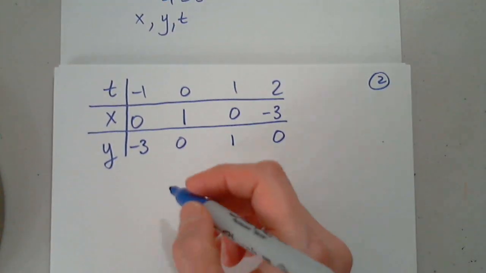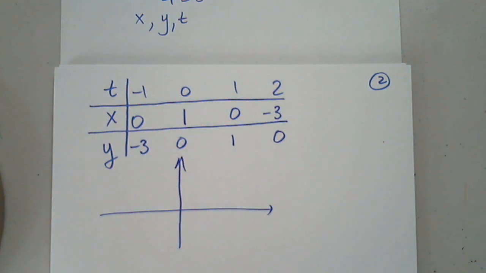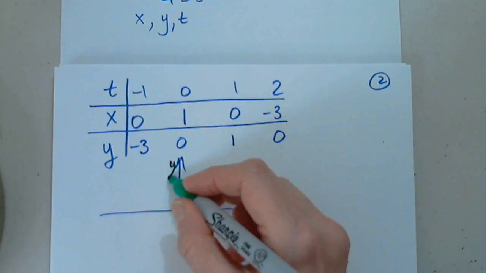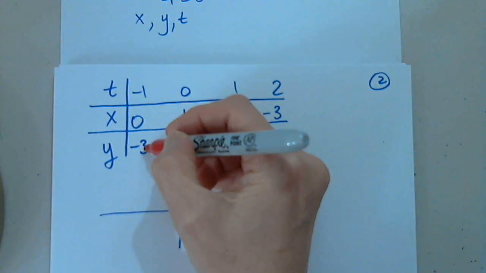Good. So now let's graph. This is x and y. We start at 0 for x, -3 for y.